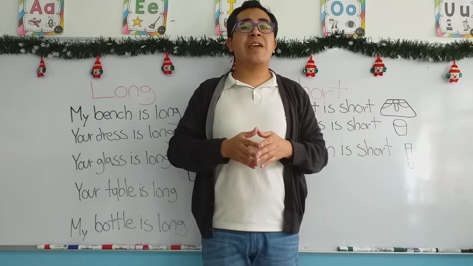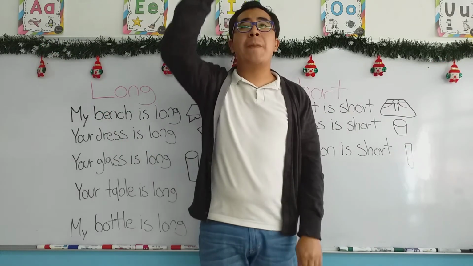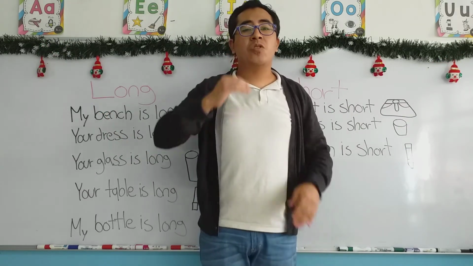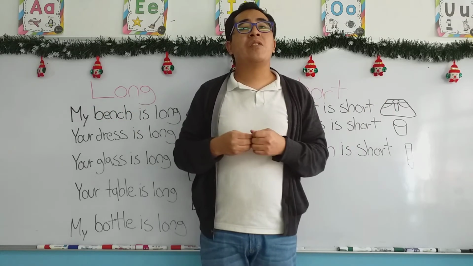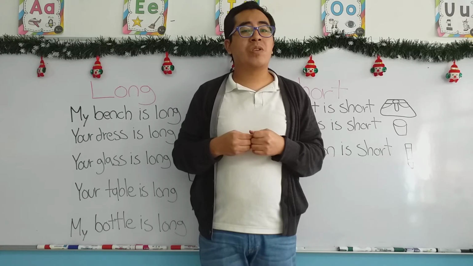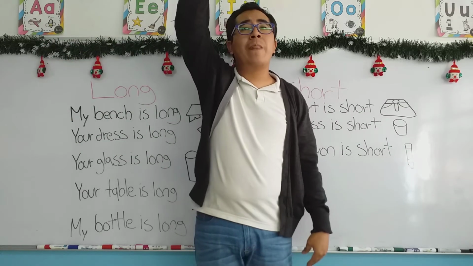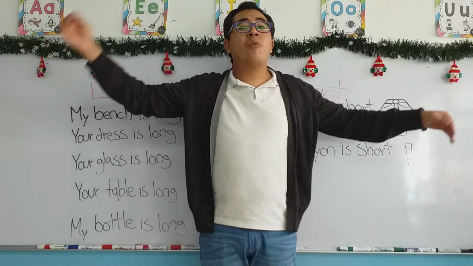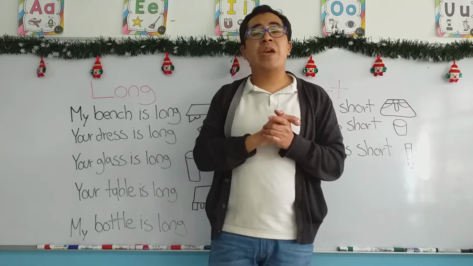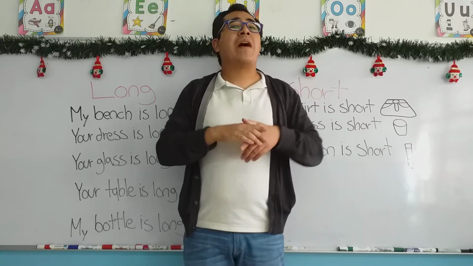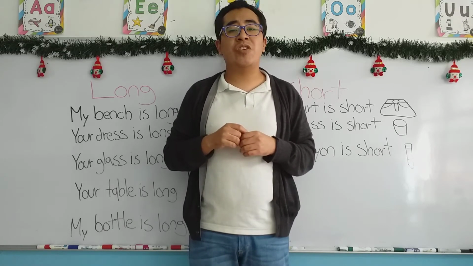Okay? We can say it in horizontal form or, of course, vertical form. Nosotros cuando hablamos acerca de corto y de largo, nos referimos a los objetos que están en forma vertical, acostados, o en forma horizontal. Okay? Very good.